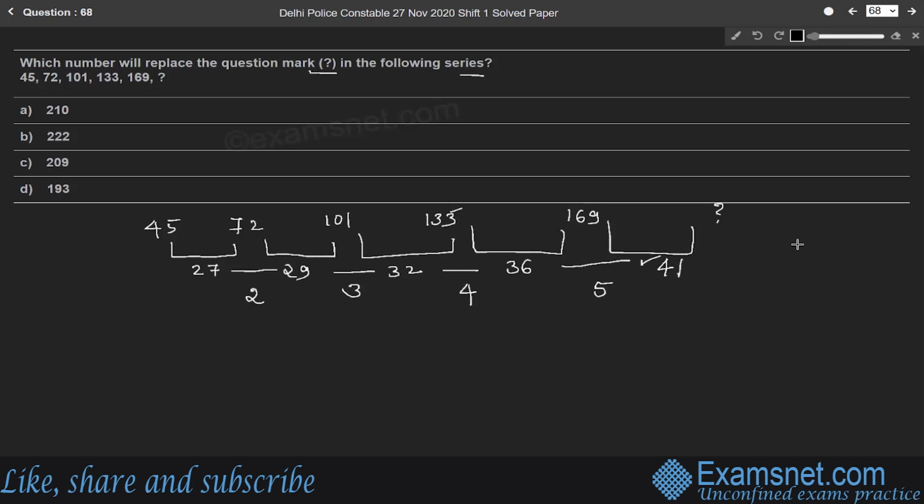So the differences between consecutive differences are 2, 3, 4 and 5, so that the last difference will be 41. If 169 and x have a difference of 41, then the number has to be 210. So 210 minus 41 is 169. Therefore, option A, 210, is the right answer.